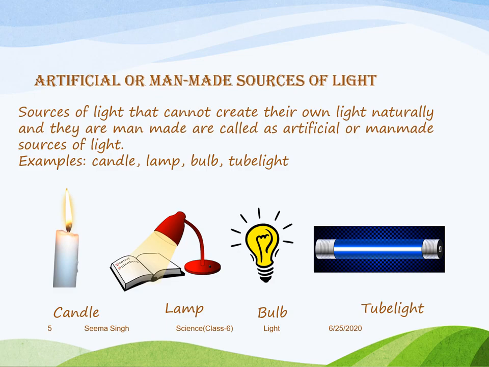What are the various examples that we see around us? These are candle, tube light, bulb, and lamp. We can see that all of these do not have light of their own. They do not have natural light. And all of these are man-made. Let's move on further.